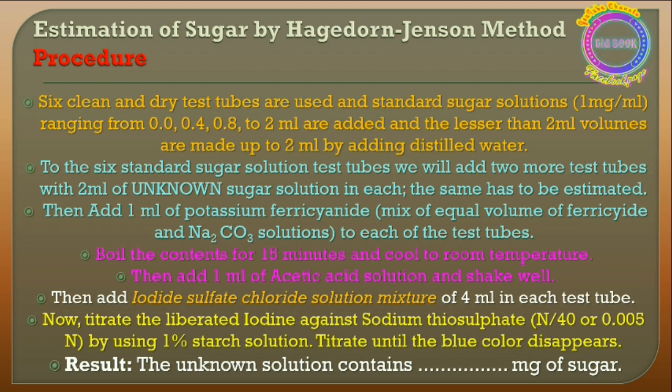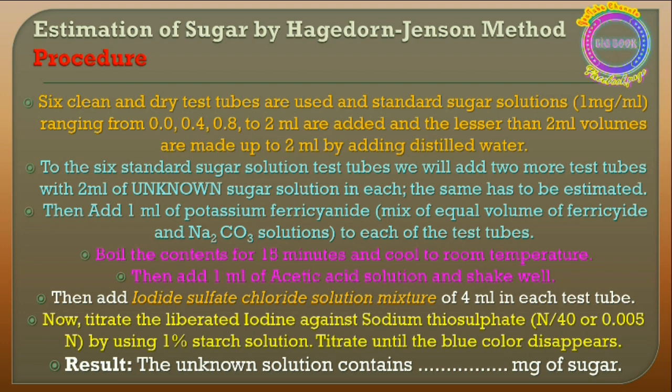You know that this is a mixture of potassium ferricyanide and sodium carbonate. This mixture is called alkaline or anhydrous potassium ferricyanide, which will be added. It is not directly prepared.